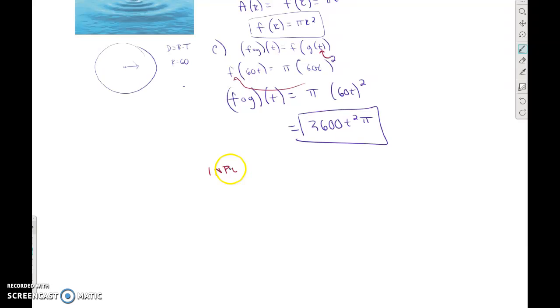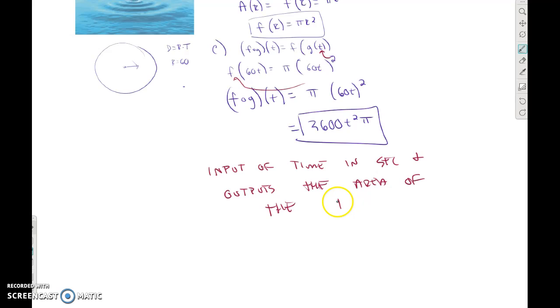It takes an input of time in seconds and outputs the area of the ripple. Okay? So this is a function that gives you the area of the ripple as a function of time. That's what compositions do.